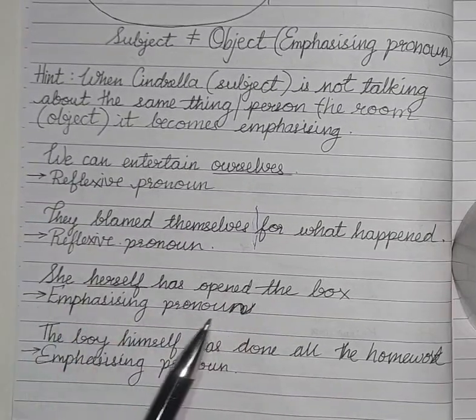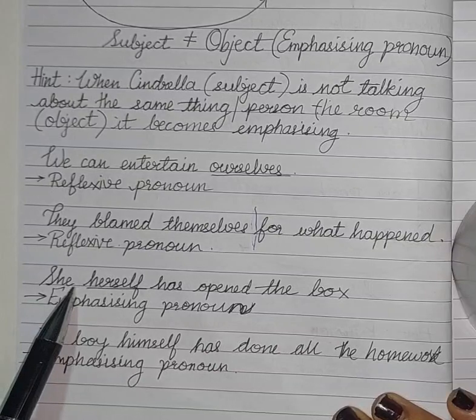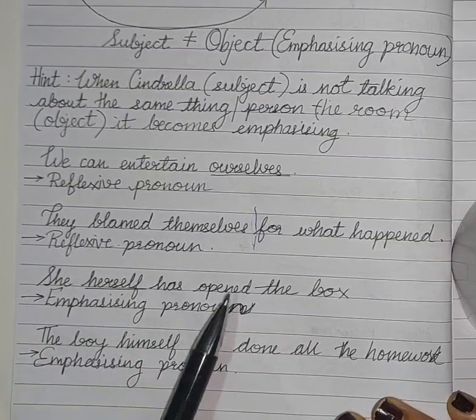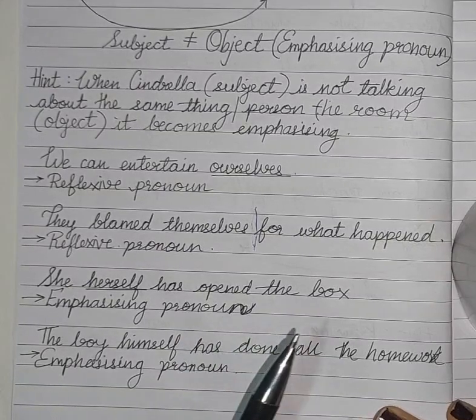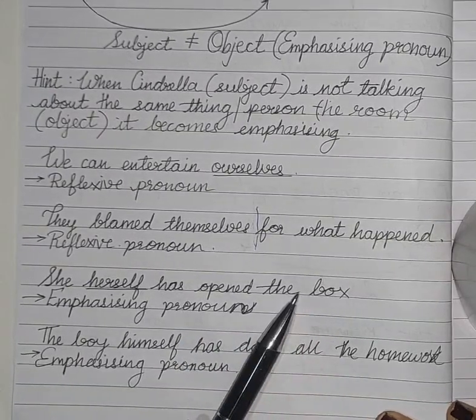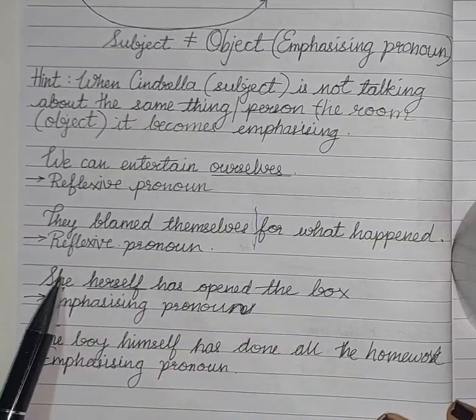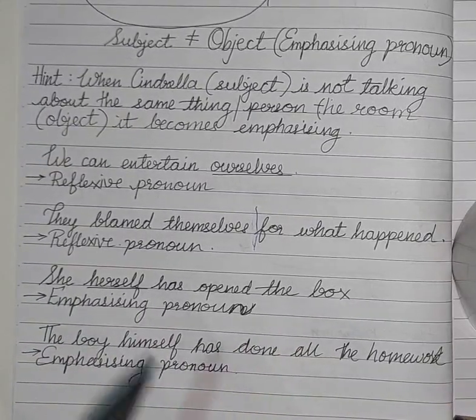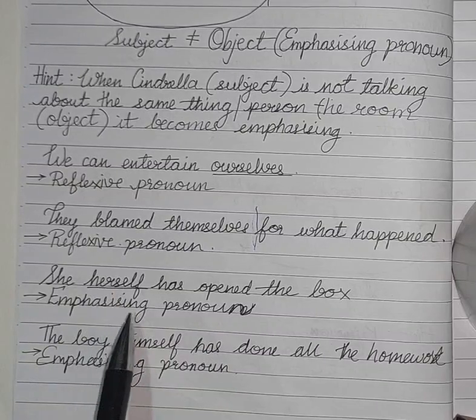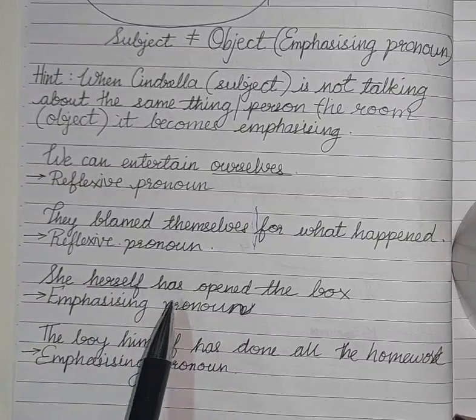Next, she herself has opened the box. So here we can see she is the subject, has opened. Opened is the action. Opened what? So the box. The box is the object. So she and the box, are they same? No. That is why herself over here is an emphasizing pronoun.